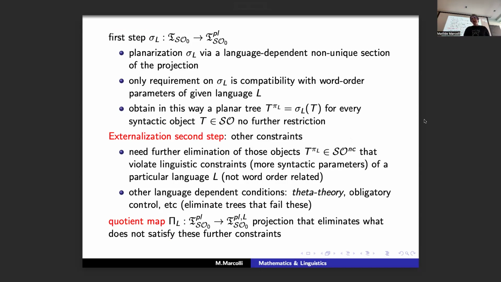So how does one do this? The point is that you can do it in whichever way you want. Its language dependence here is just capturing the fact that different languages have certain kinds of word order rules. Some languages have much stricter word order rules, and some are slightly more flexible. Some languages have very flexible word order.